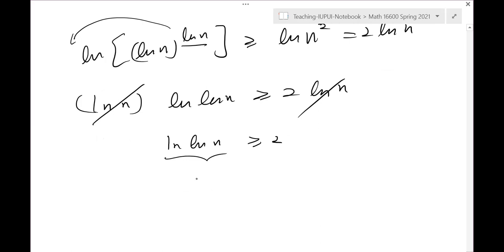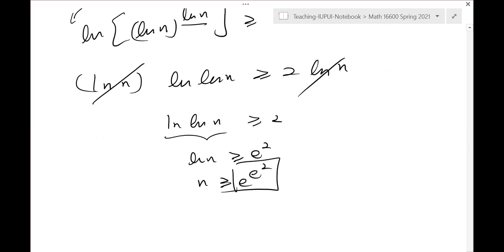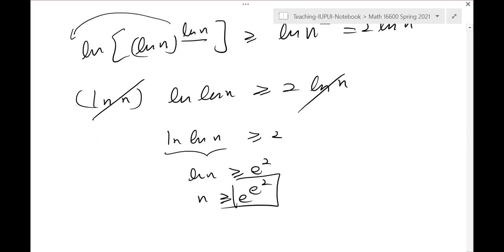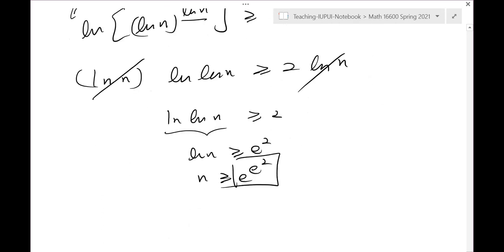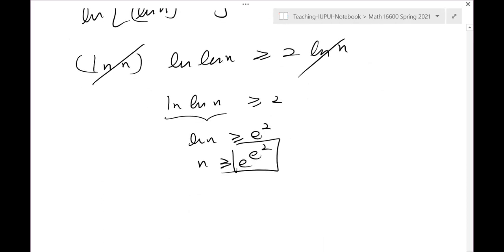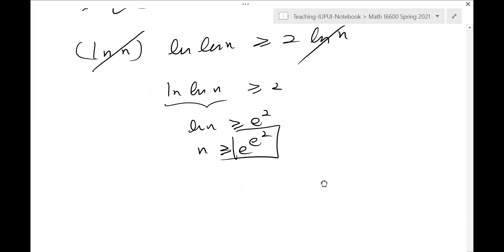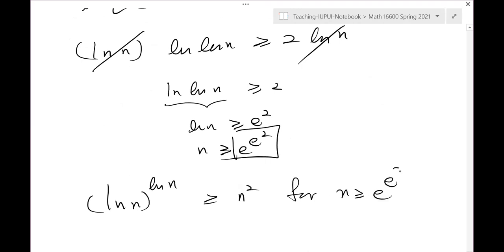Natural log n should be greater than e squared, then n should be greater than e to the e squared. So again, you come back to that number. The above inequality holds for n greater than e to the e squared.